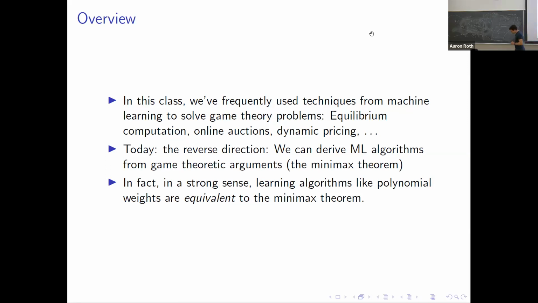And next week in our last lecture, I'll show how you can derive what are called boosting algorithms, a powerful, empirically useful class of algorithms, directly from the minimax theorem and the polynomial weights algorithm.